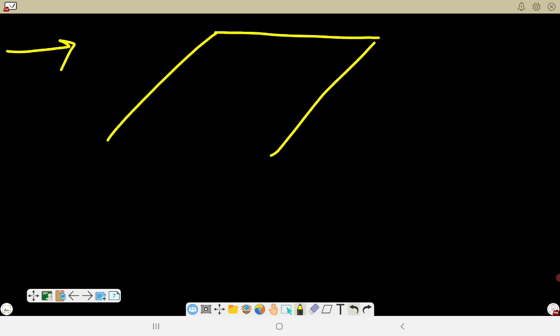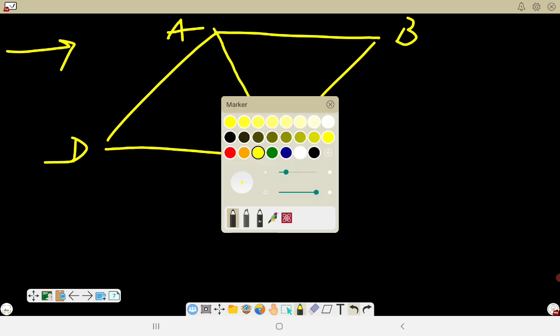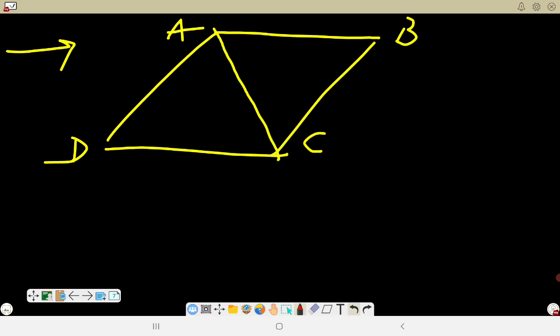Let's come to the fourth property, the most important property. If we have a parallelogram ABCD, the diagonal AC will divide this parallelogram into two equal halves, or two congruent triangles.